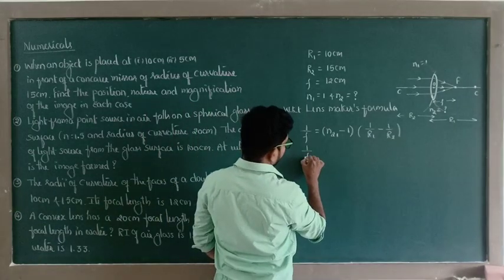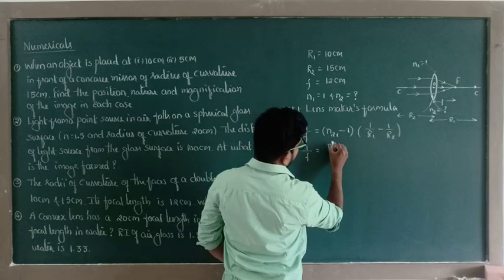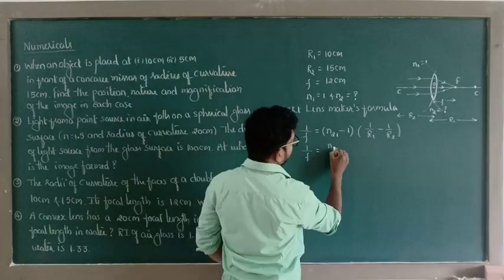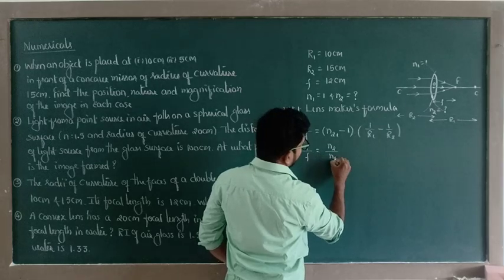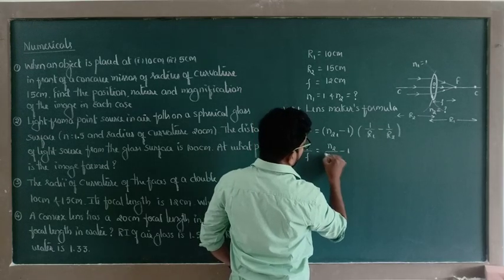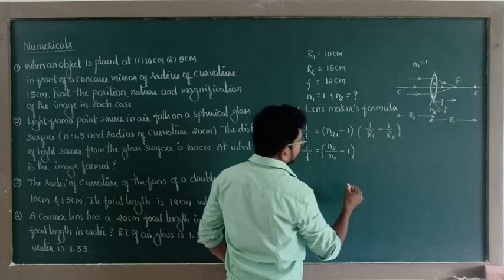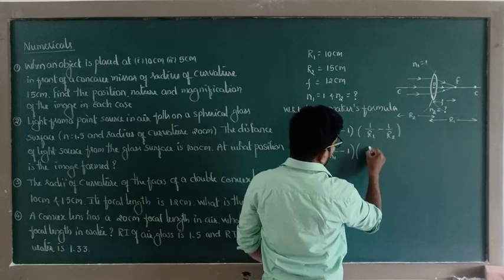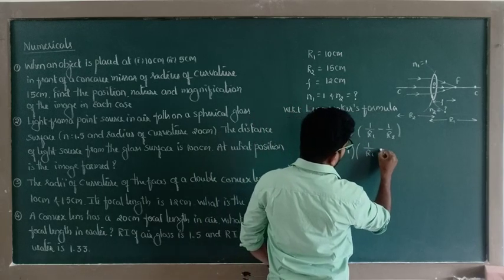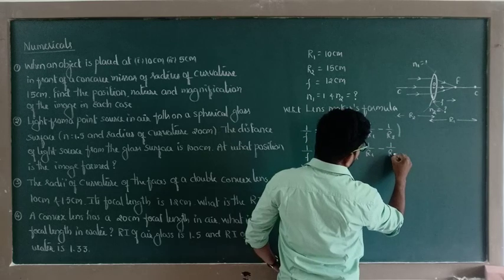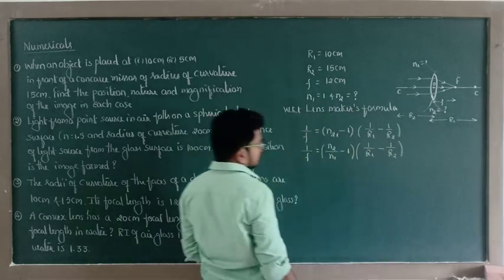The focal length: we can write the relative refractive index in terms of absolute refractive index, (n2 divided by n1 minus 1) into (1 divided by R1 minus 1 divided by R2).